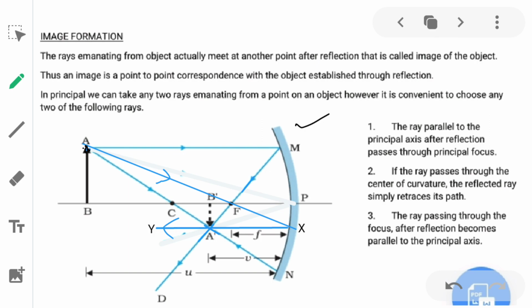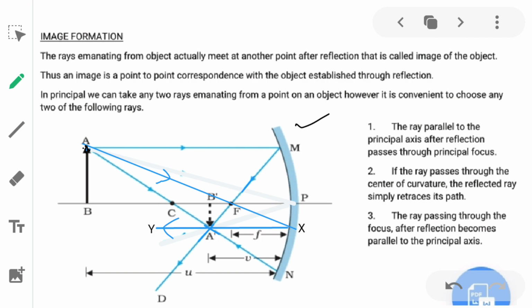So wherever the reflected rays from the point A meet, gives you the image A dash of the point A. Thus we can say image is a point to point correspondence with the object. How has this correspondence been established?